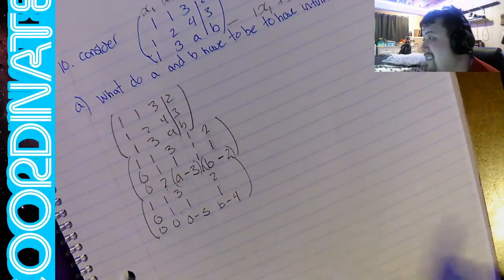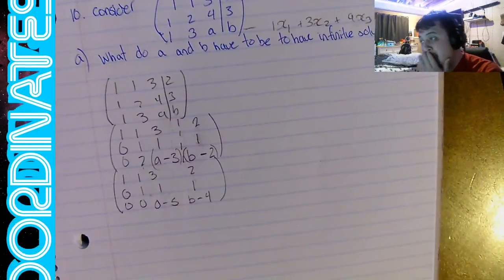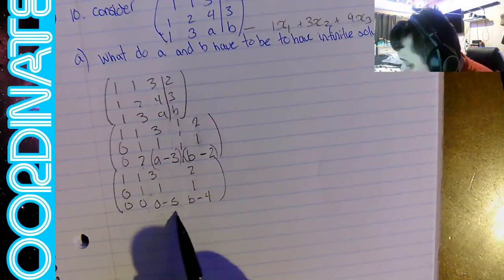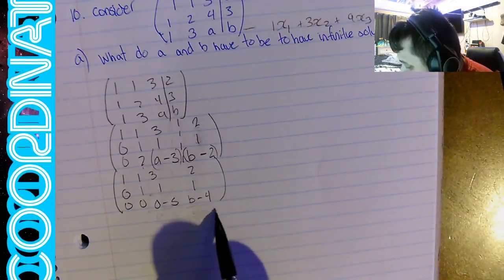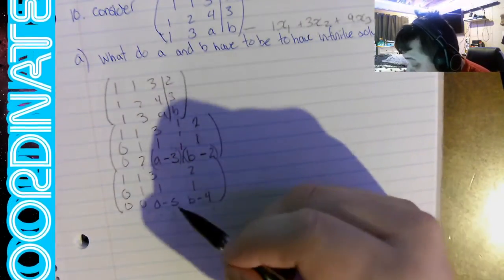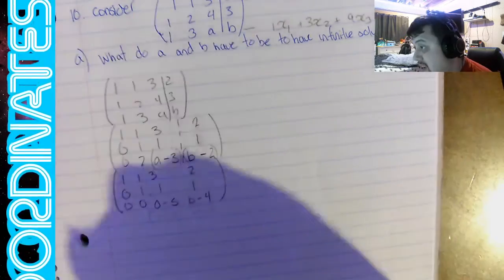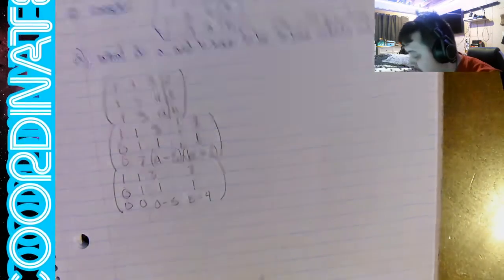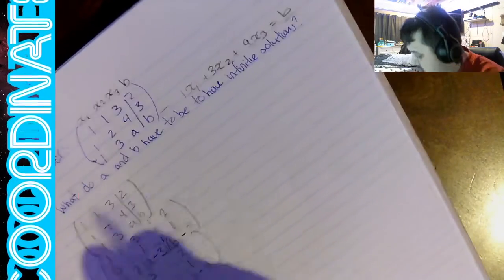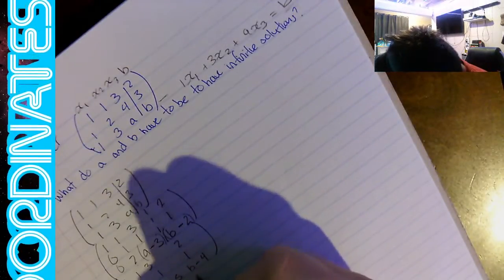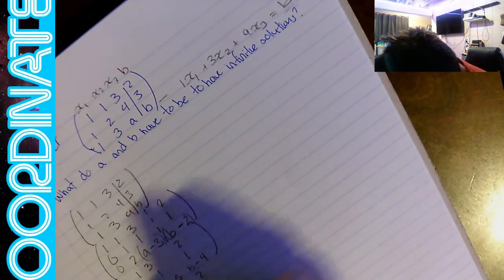And this is a little bit complicated, but if I divide this by a minus 5 on both sides, and then, I should say negative a minus 5 to get that negative, and then I add, it's going to become 0. In fact, before I even do that, I want a 1. So you know what? I'm going to go like this. 1, 1, 3, 2, 0, 1, 1, 1, 0.